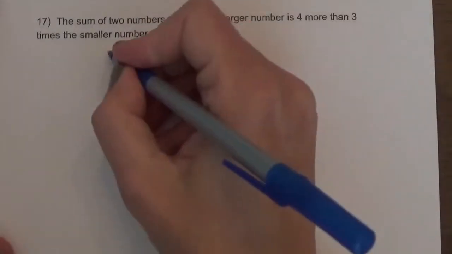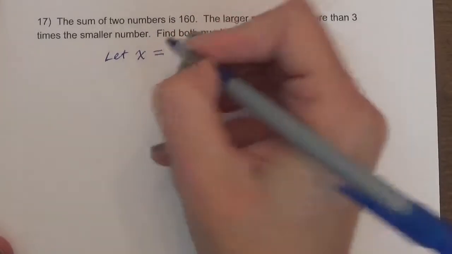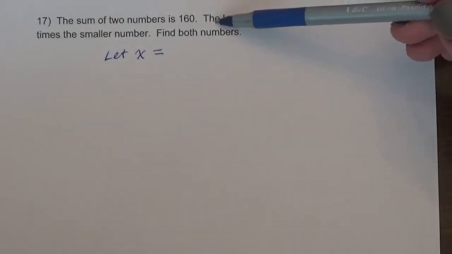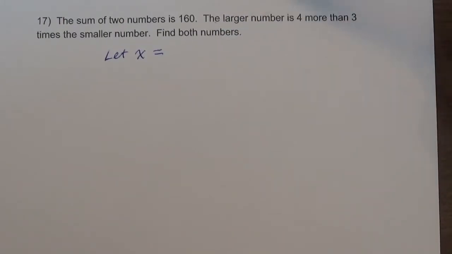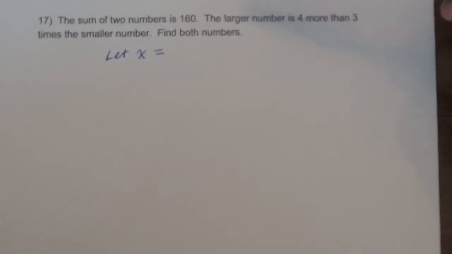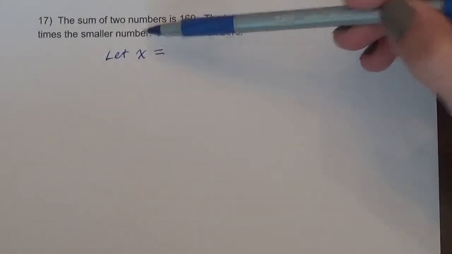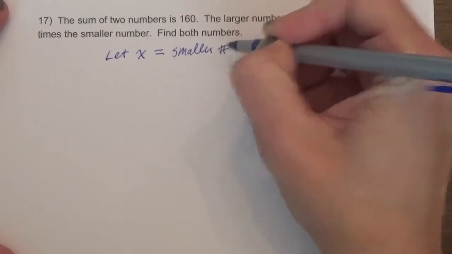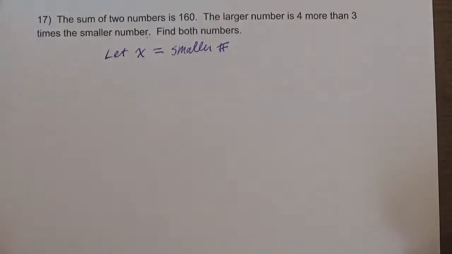Ooh, okay. Let x equal. Now can you see which one you need to figure out first? If they're telling you stuff about the larger number, then you have to find the other one first, because the larger number is based on what the smaller number is. So let x equal the smaller number first.